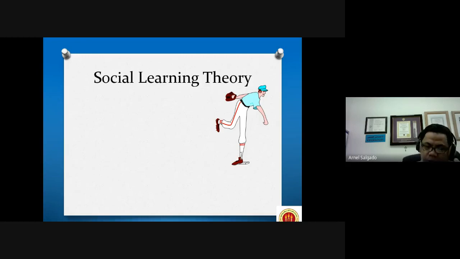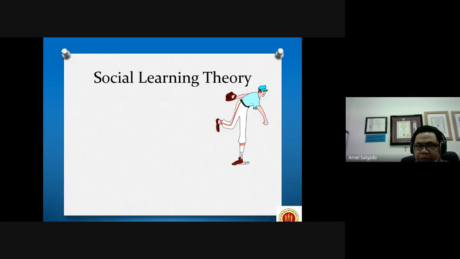Just like what we are doing in the skills laboratory, when we are learning how to demonstrate a specific procedure, when we do not know the procedure, we tend to look to the model. Who is the model? The one who is demonstrating. So basically, we copy them.